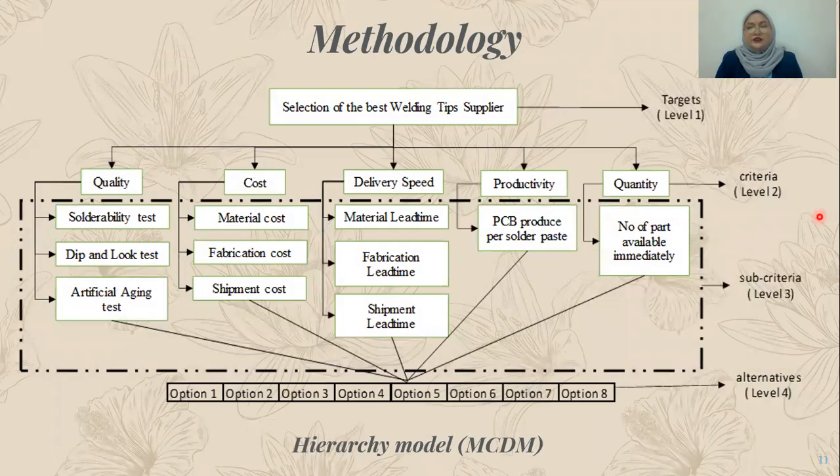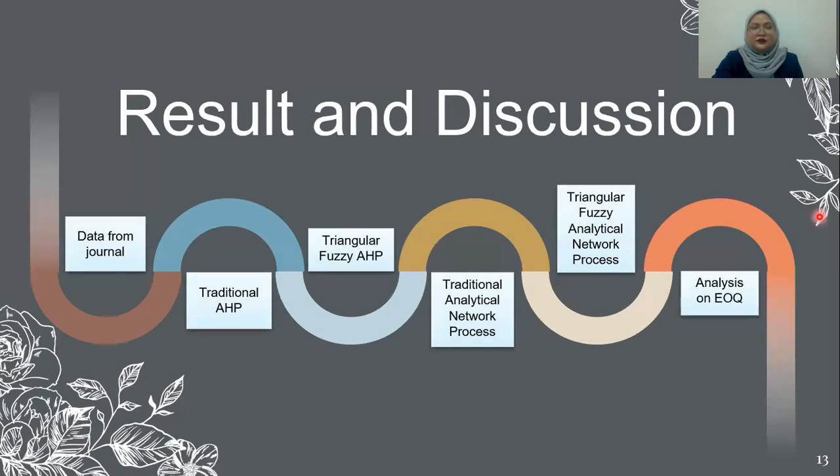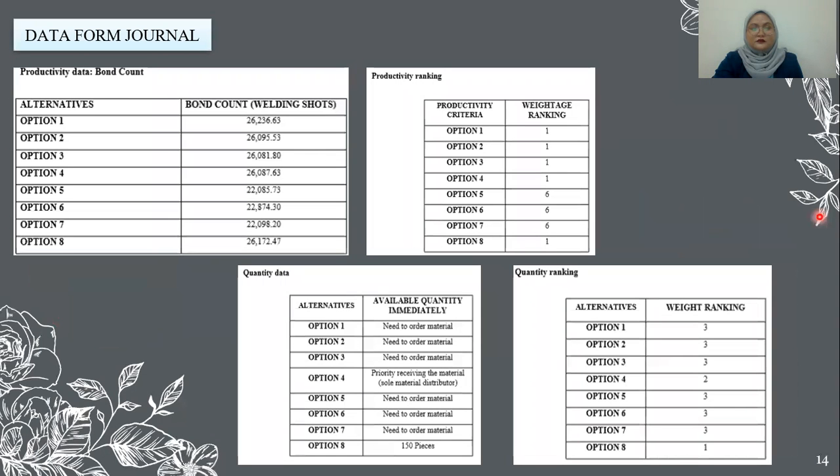For the hierarchy, there are 4 levels: level 1 target or goal, criteria, level 2 subcriteria, level 3 alternative, level 4.